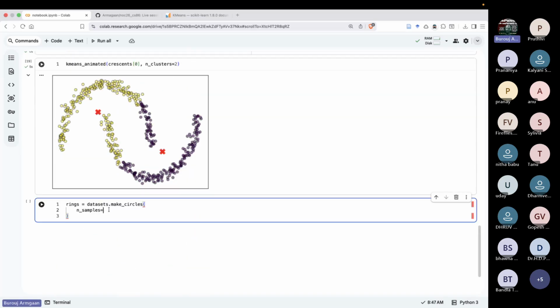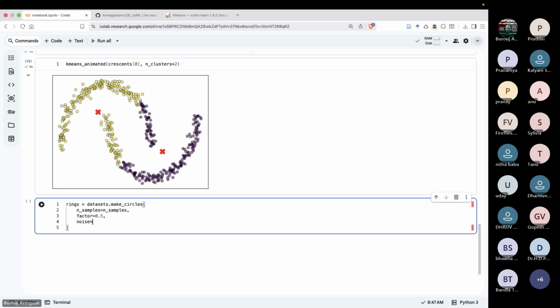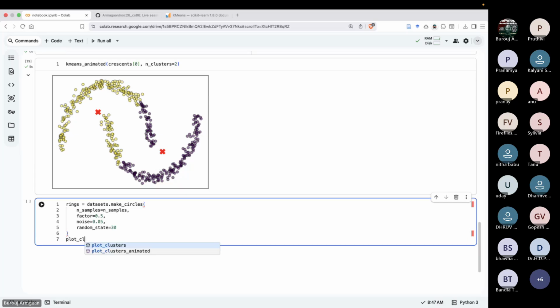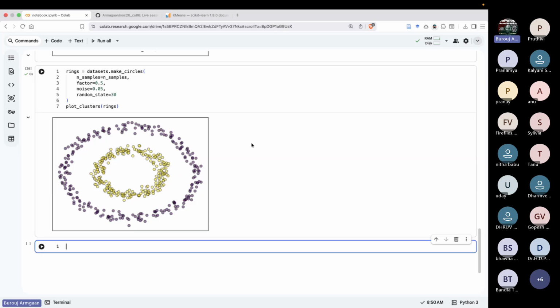so moving on, let's create a different data set. In this case, we once again have this many samples. Okay, so this is another data set that we have.